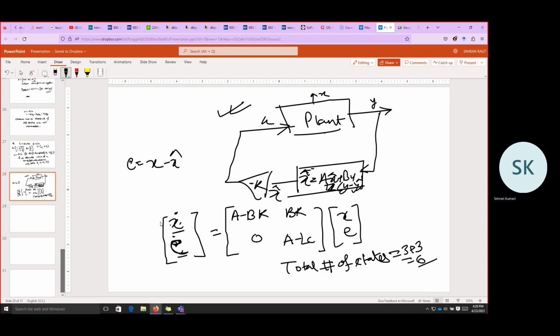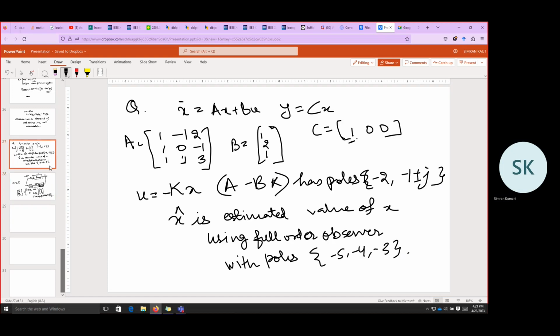Okay. Now we have to design this K and L. We have to find the value of K and L such that the closed loop poles satisfy the given criteria, that they should lie at these points and these points. For that, we can do the same thing as earlier.